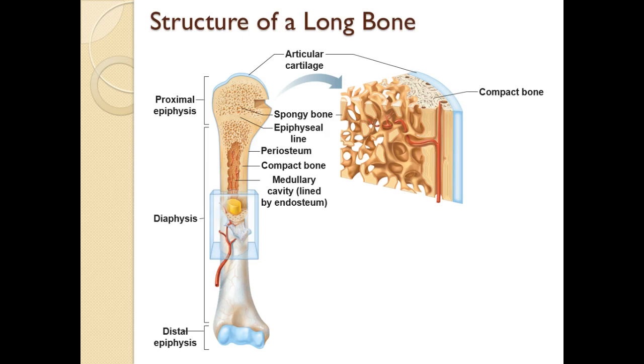Yeah, so this one shows you the endosteum. The endosteum is the membrane that lines the medullary cavity. The periosteum is outside, the membrane covering the outside of the compact bone.